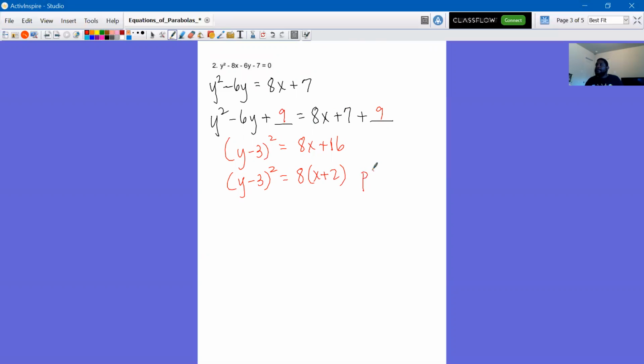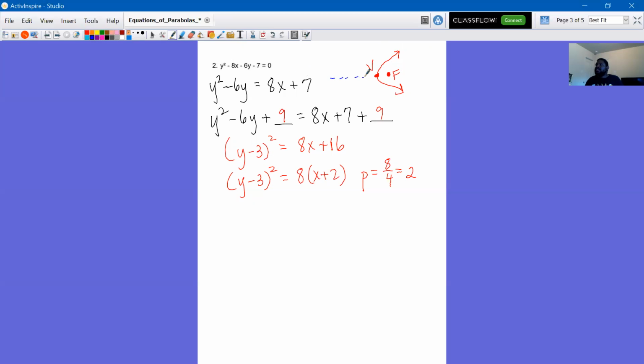So I'm going to go ahead and find my p. So p is 8 divided by 4, which is 2. So this is a parabola that opens to the right. So let me do a rough sketch here. So my vertex is there. My focal point is there.